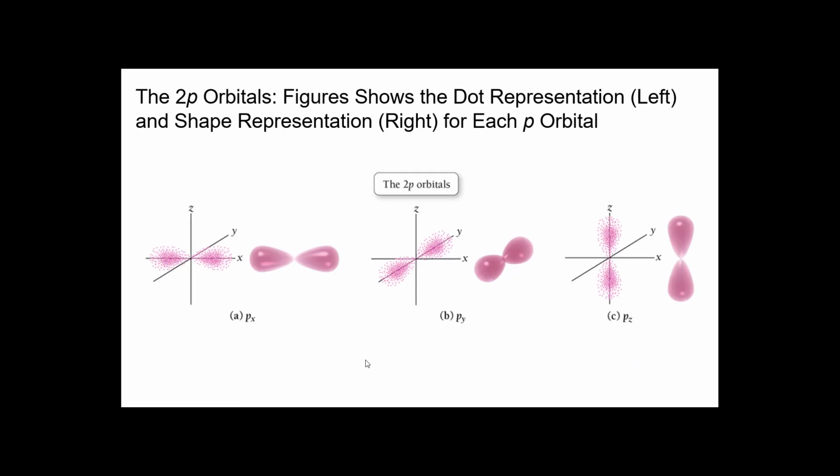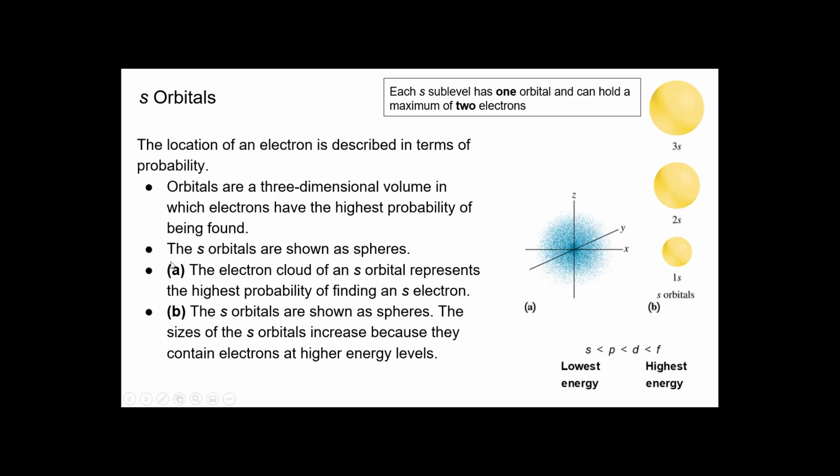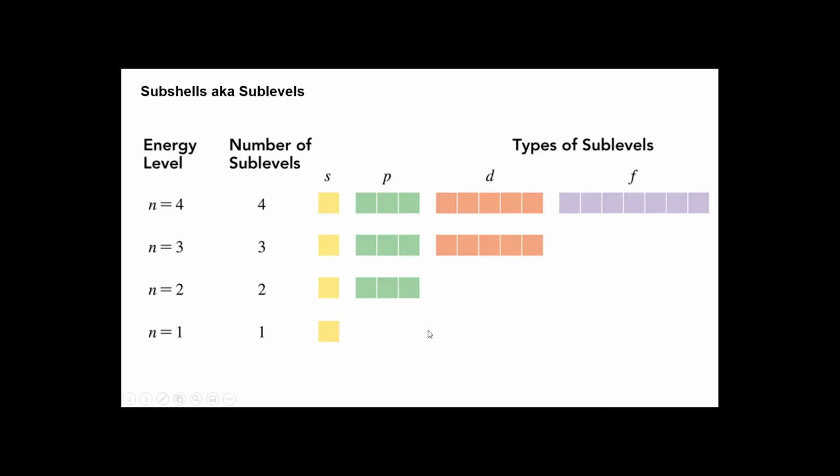If we look at p orbitals, they look very different. S orbitals are the easiest. These look like a balloon that's twisted in the middle, going in opposite directions. This shows a dot representation, and there are 3 p orbitals in every level. That's why you see 3, 3, and 3.